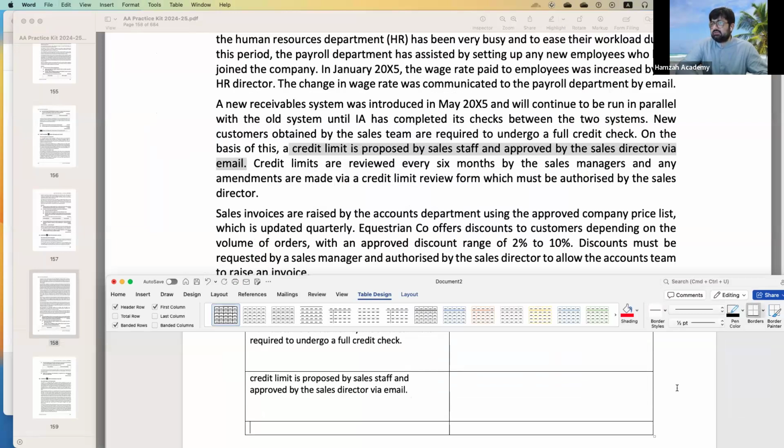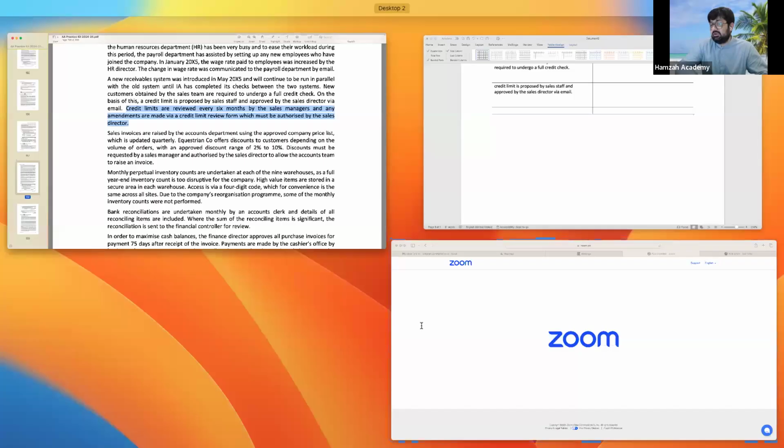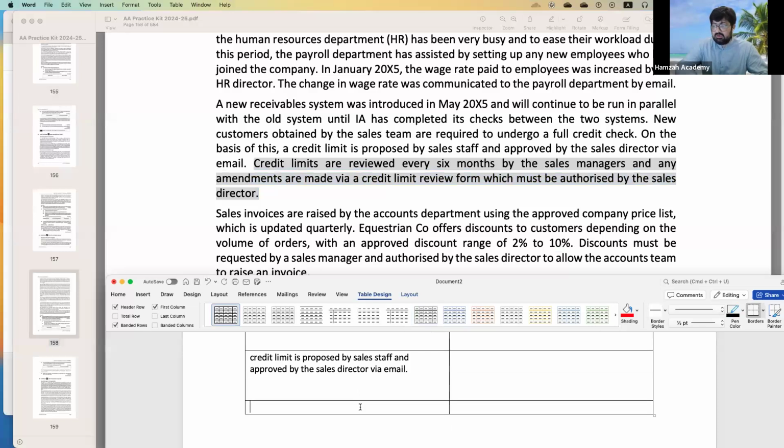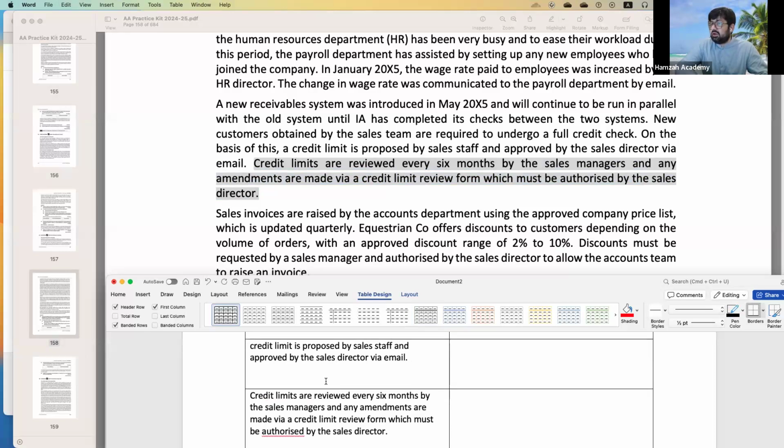Not only this, credit limits are reviewed every 6 months by the sales manager and any amendments are made and again authorized by the sales director. Very good. So you see here, very good things are happening.